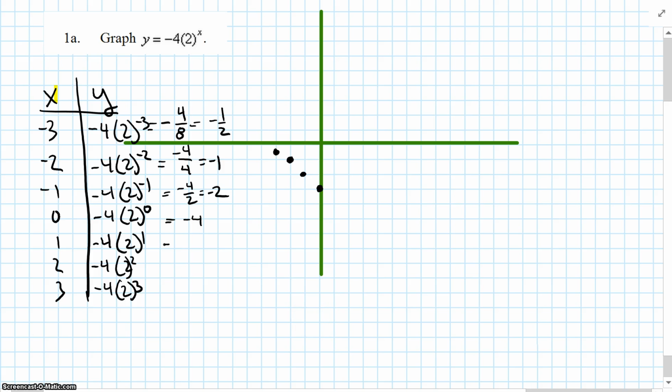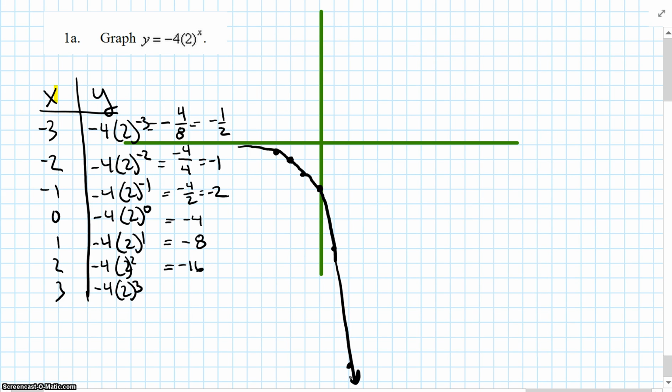When x is 1, y is -8. When x is 2, 2 times 2 is 4, and 4 times -4 is -16. So you see we got exponential decay right here. It goes down.